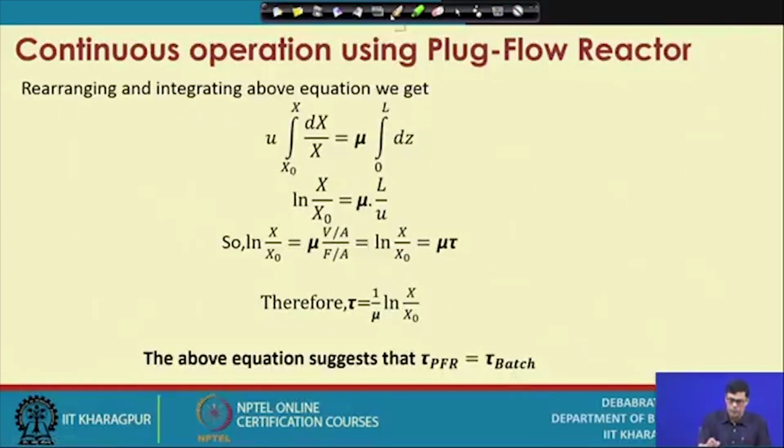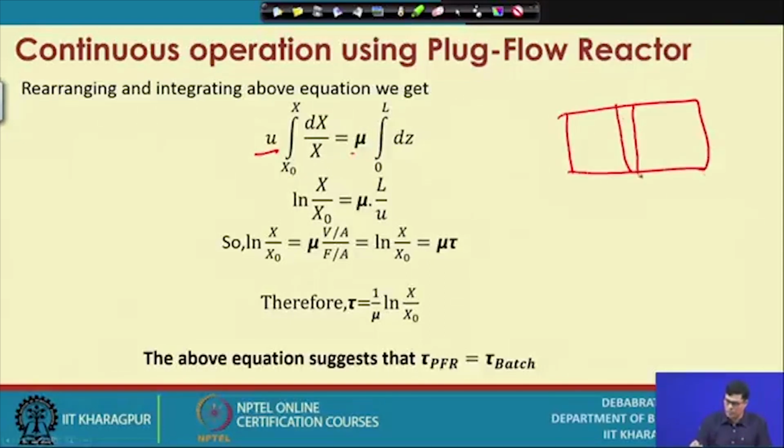Now, if you do the integration, you know that u is the velocity, and dx by x equals mu dz by u. This is the reactor that we have. We have a strip here, and this length is dz. Now, we integrate it from 0 to L. This is the L. If you integrate that, then we will find L by u, which you can bring here. We started with x0 and finished with x, that is the cell mass concentration.